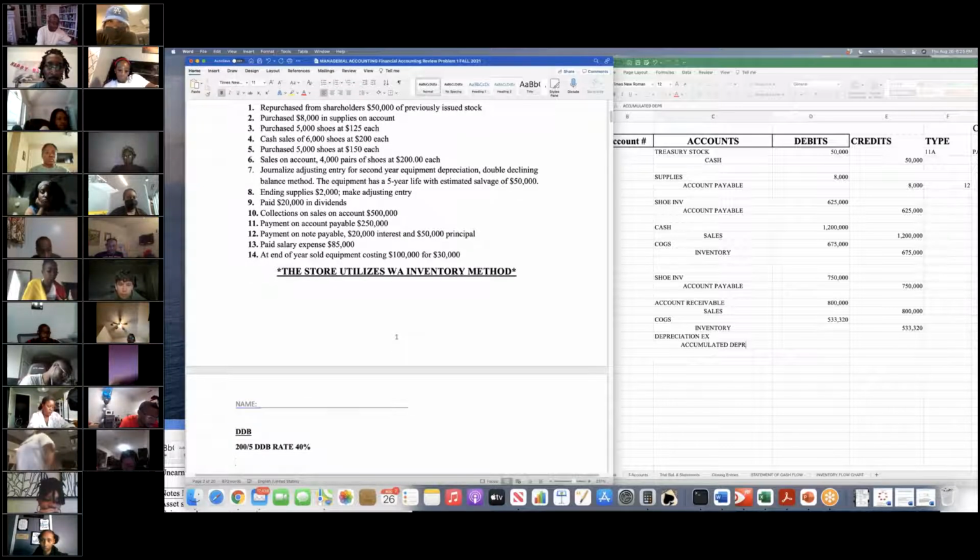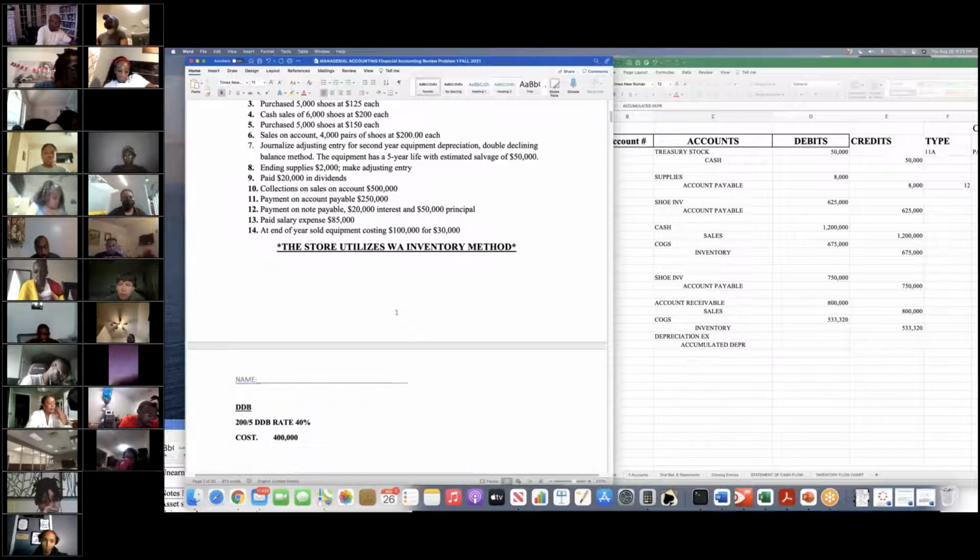If our cost of this equipment is $400,000, in year 1 we would have multiplied the 400 by the 40% rate, and our year 1 depreciation would have been $160,000.